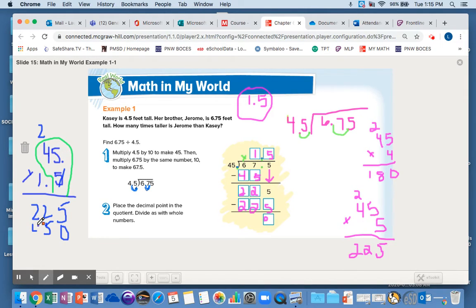Good. So let's add these together. 5 plus 0 is 5. 2 plus 5 is 7. 2 plus 4 is 6. And then here you look up top. You only had one space to move that decimal because we had moved it here.